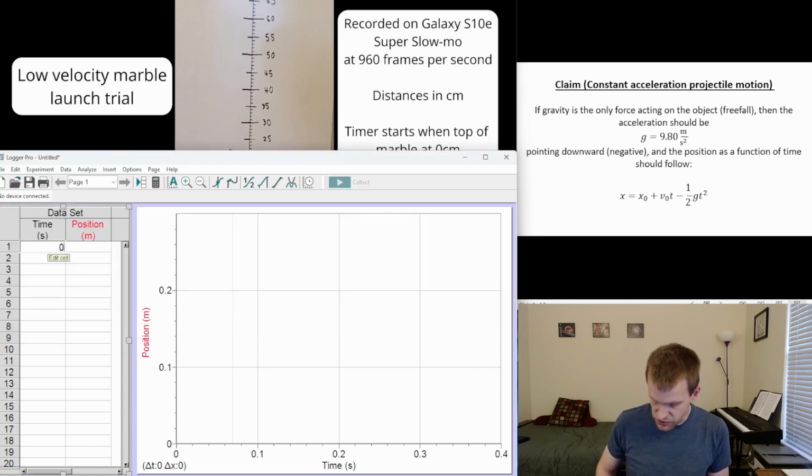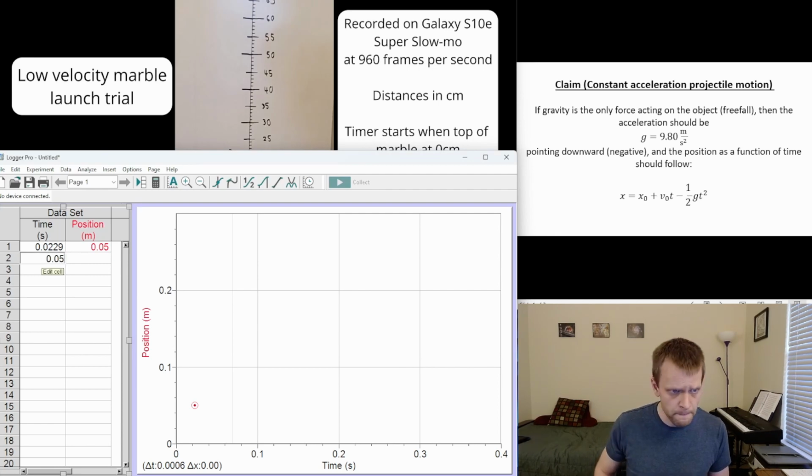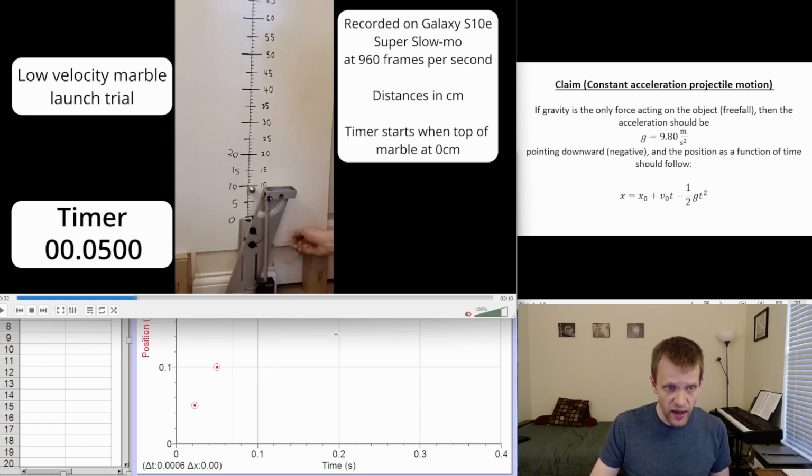So that time is 0.0229 seconds, and our position was 5 centimeters, or 0.05 meters. And basically, we're just going to scroll through and get a few more data points from this. So there, the top of the marble is around 10 centimeters, and it's at 0.05 seconds. So that's our next data point.